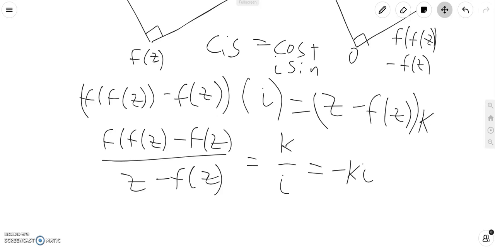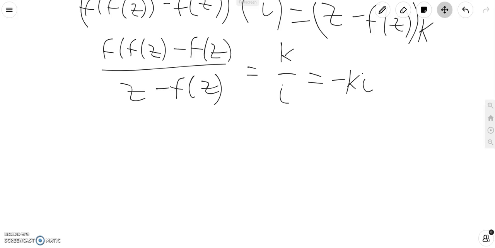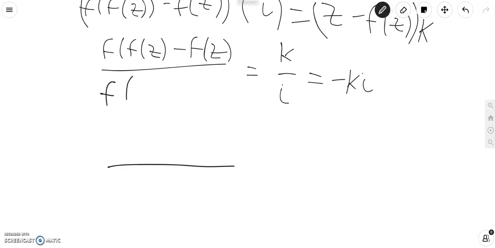Now we use the fact that f(z) = z² − 19z to simplify the problem. Let's do the denominator first. Since we are just dealing with a scalar multiple of i, we don't really care about the sign of the denominator, so we can change it for simplicity to f(z) − z.